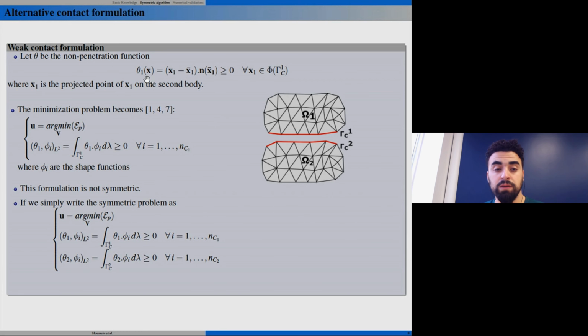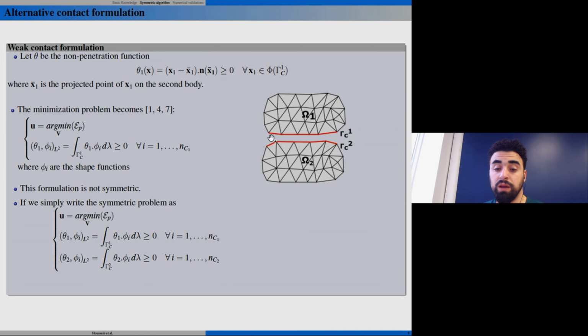And therefore, instead of using our non-penetration condition for each x1 at the potential contact area of the first body, we will have a weak non-penetration condition, and therefore we will obtain a minimization problem of the total potential energy with NC1 constraints.